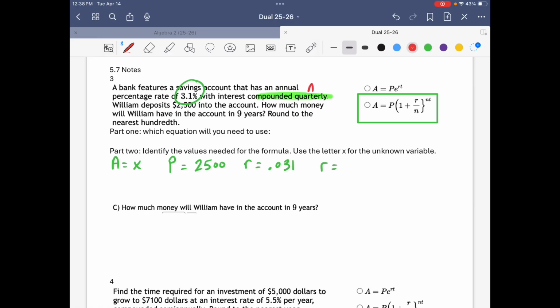Quarterly means N equals 4, because you're cutting the year into 4. N equals 4. And then T is the time. 9 years. Plug all that into Desmos.